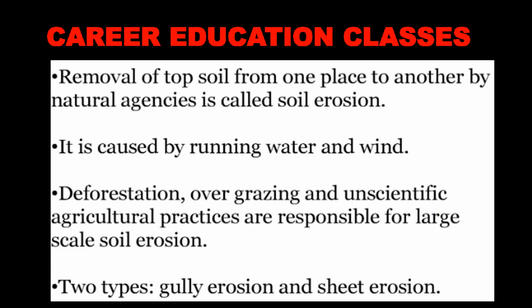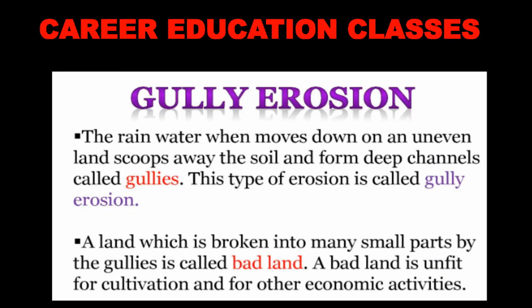Usually, soil erosion is a well-known topic which you study from 8th standard. We will not talk about this topic much, but there is usually a definition asked about gully erosion. When rainwater moves down on uneven landscape, it carries away the soil and forms deep channels called gullies.